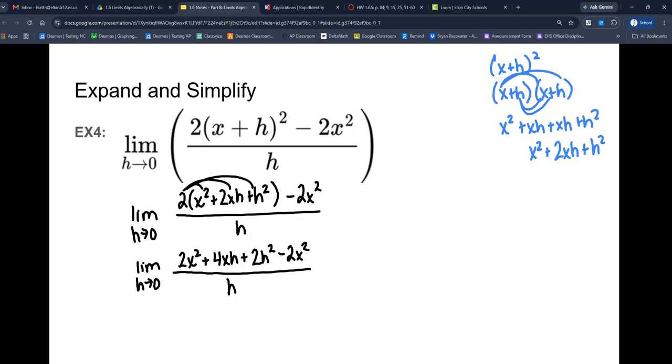Okay, so the 2x squared here and the negative 2x squared can cancel. That's going to leave us with the limit as h approaches 0 of 4xh plus 2h squared all over h.